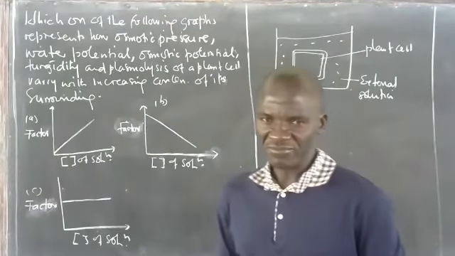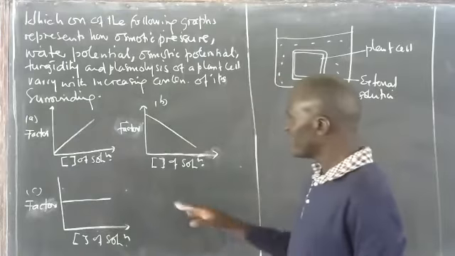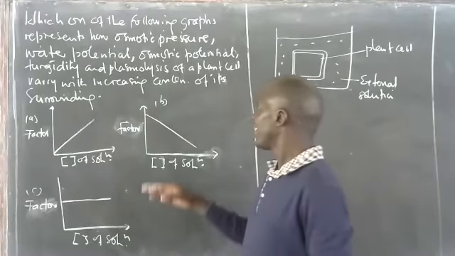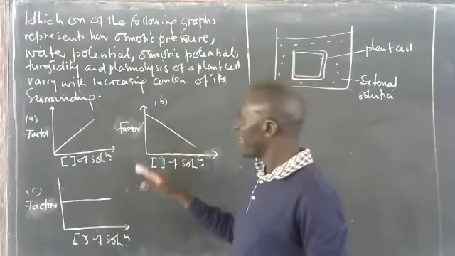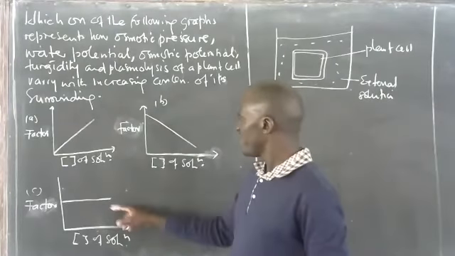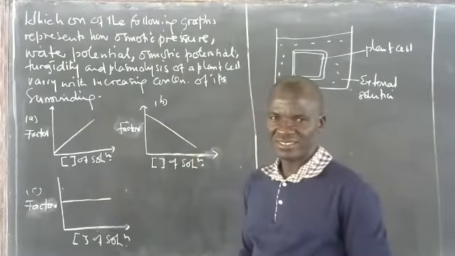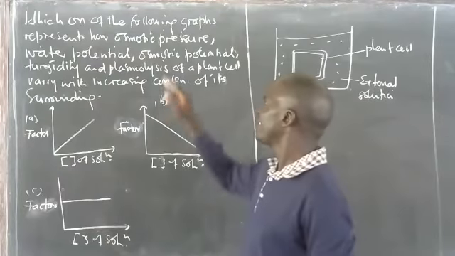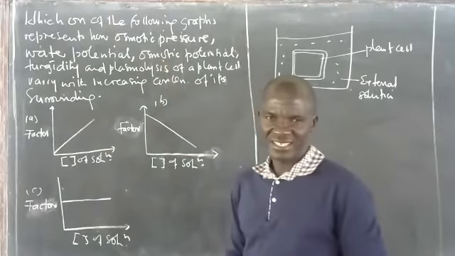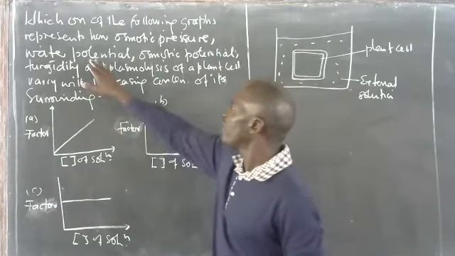That's what I mean. So I want you briefly to tell me which of these graphs represents osmotic pressure, represents water potential?